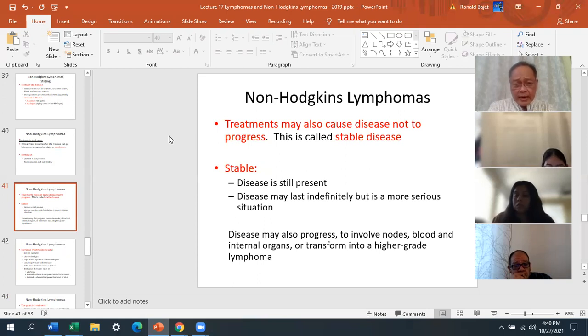If it's stable, then there's a possibility, because it's still present, that it may progress and involve lymph nodes, blood and internal organs, or transform into a higher grade lymphoma. Like remember, Mycosis Fungoides can progress into the Accessory syndrome or Accessory disease.